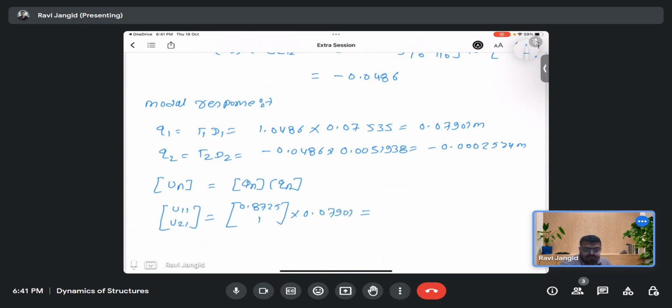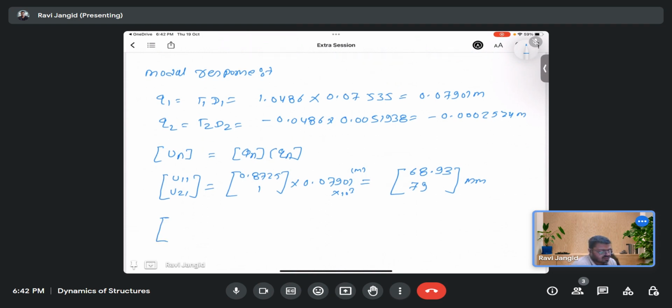If you do that, we will get 68.93 and 79 mm. We converted it into mm. Initially it was in meter, so we multiply with 10 raised to power 3 also.